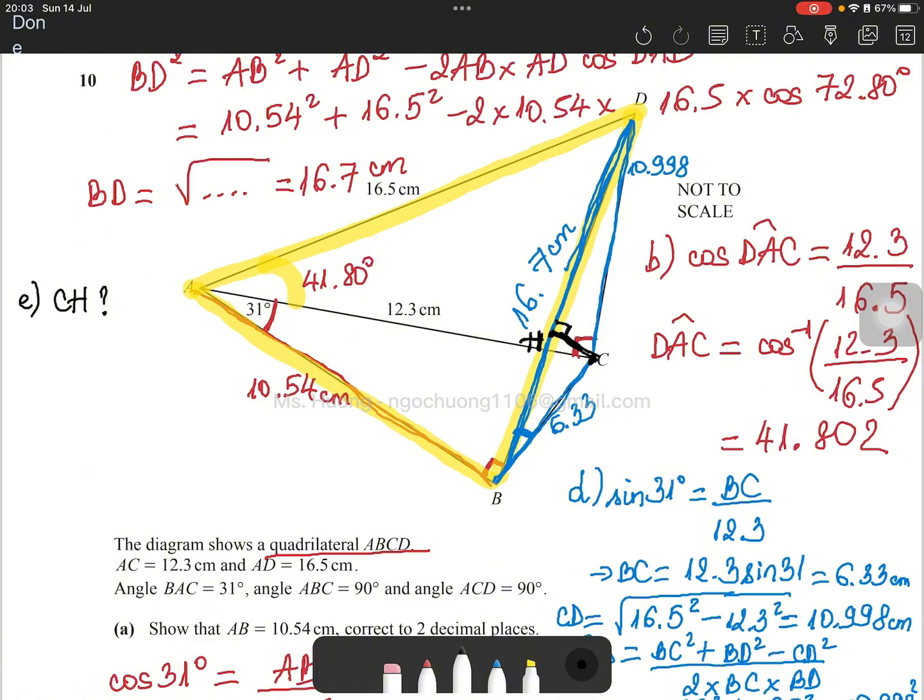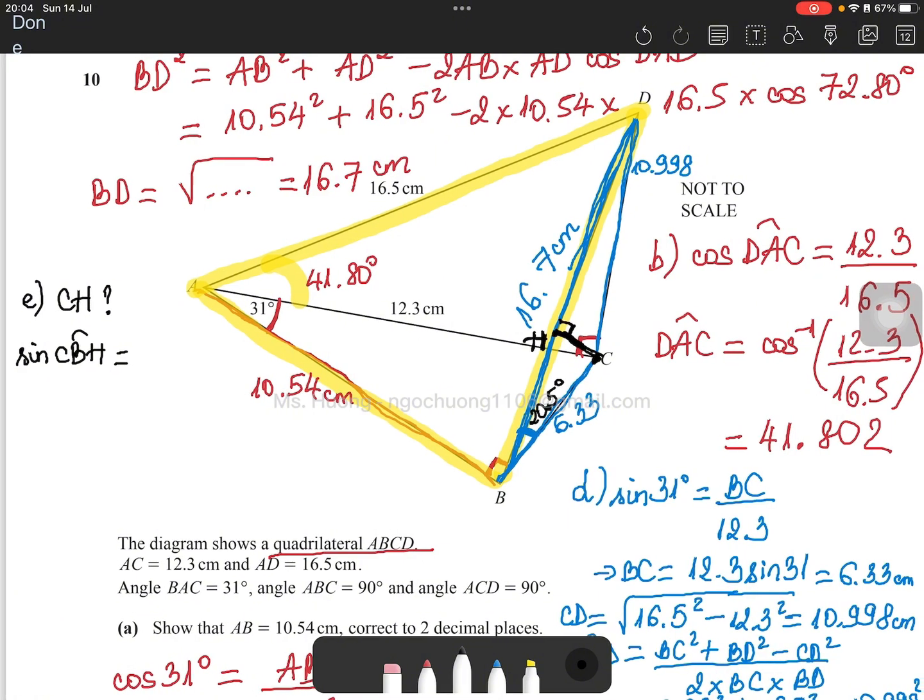So if we want to find the length of CH, we already know the size of the angle CBH, which is 20.5 degrees, according to question D. And we also know the length of BC, which is 6.33 centimeters. So we can use the sin rule to find the length of CH. Sin of the angle CBH is equal to opposite CH over hypotenuse CB.